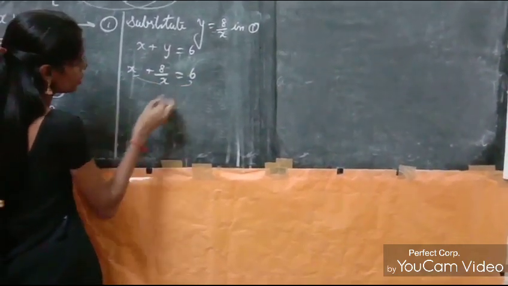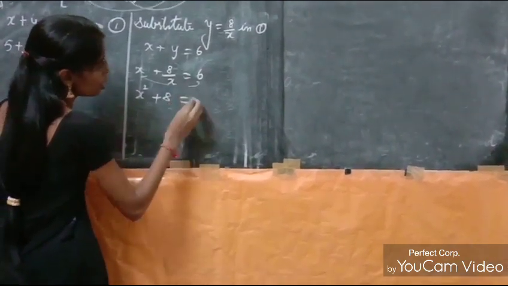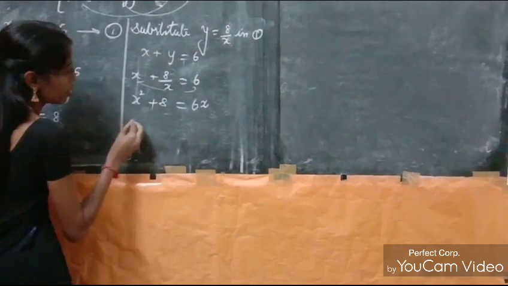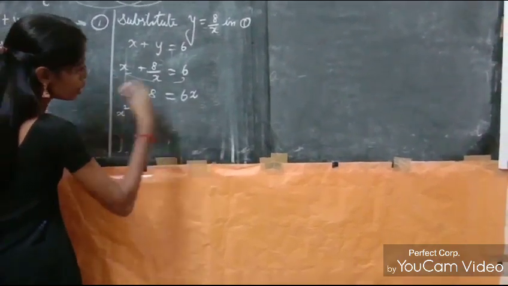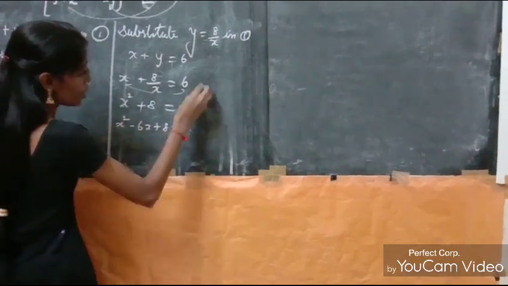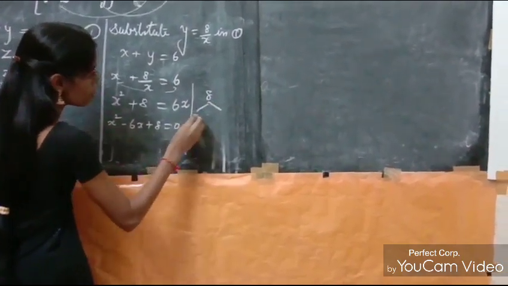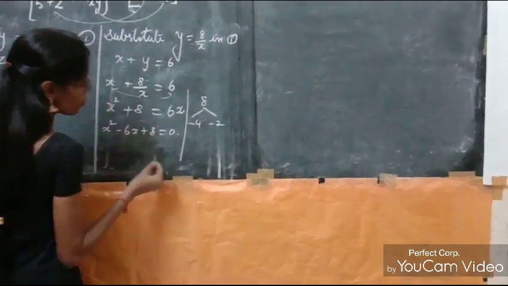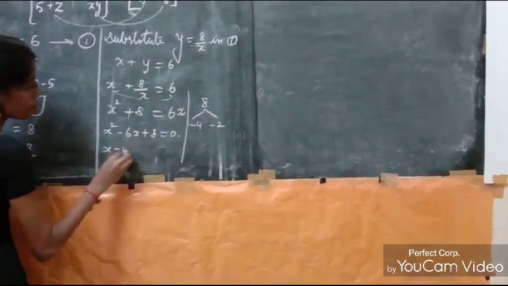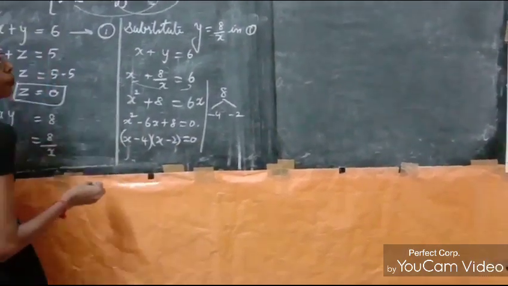On cross multiplication, x square plus 8 is equal to 6x. Move 6x to the left hand side: x square minus 6x plus 8 is equal to 0. Factorize it. Split 8 into two factors, minus 4 and minus 2. X minus 4 into x minus 2 is equal to 0.